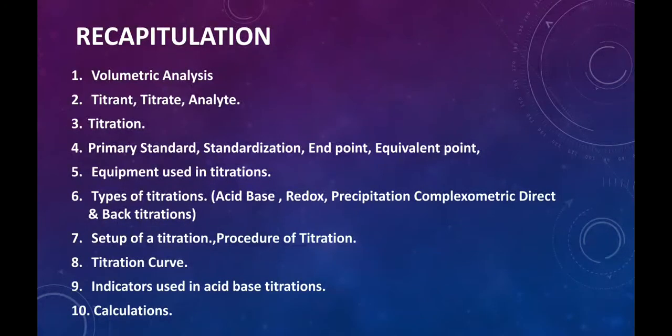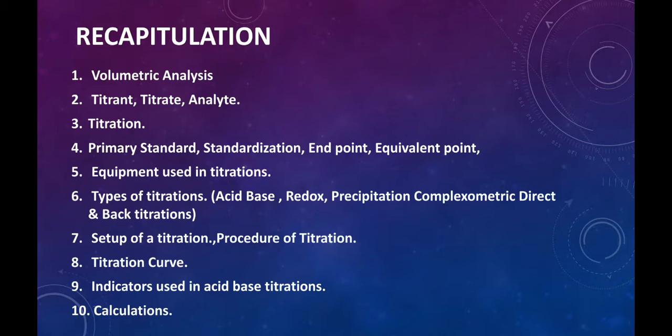These are the recapitulation points which we studied in our lecture. First, what is volumetric analysis? Second, what is titrant, titrate, analyte? Third, what is titration? Fourth, what is primary standard, standardization, endpoint, equivalence point? Fifth, equipment used in titrations.